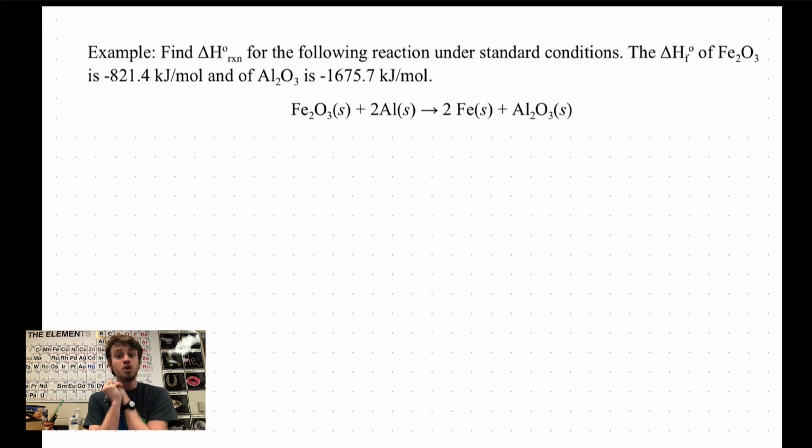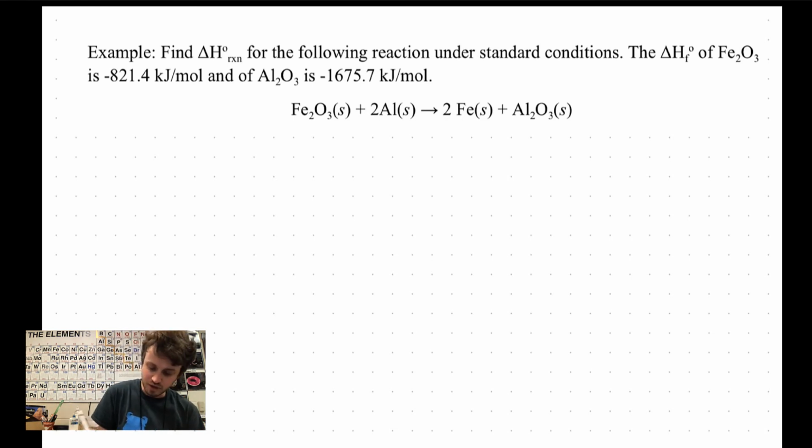Okay, so what I see in this problem is that they want me to find the delta H for this reaction, given the heat of formations of 2 of the different compounds in the balanced equation. So I'm going to write out the heat of formation reactions for both of these.